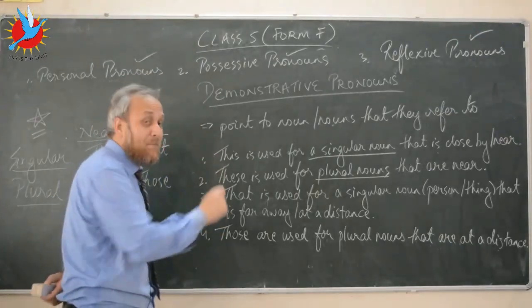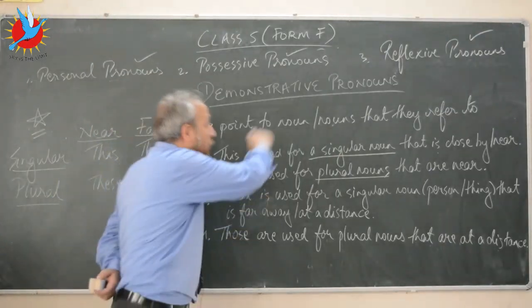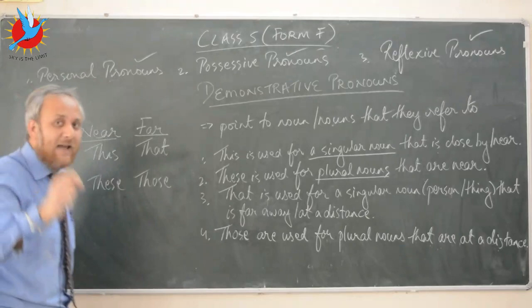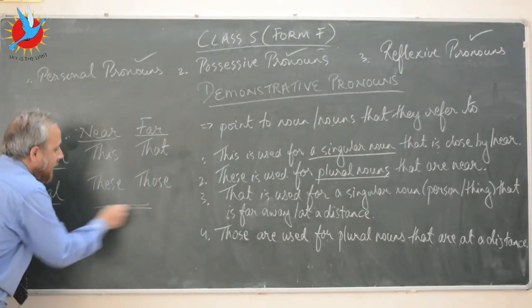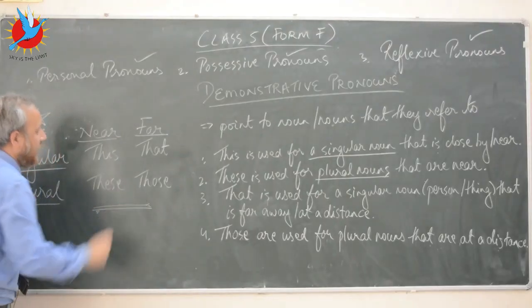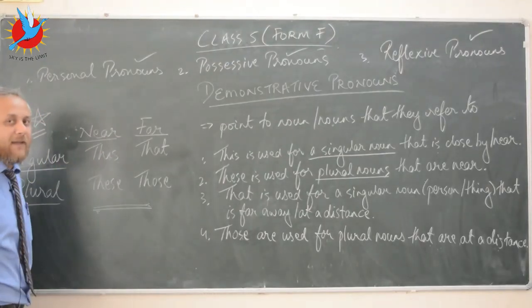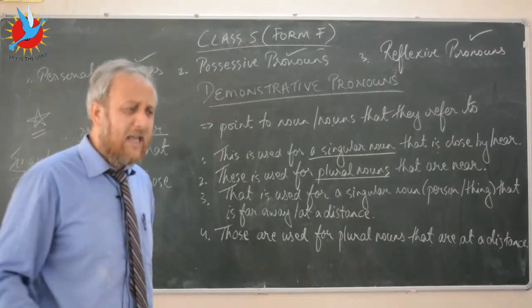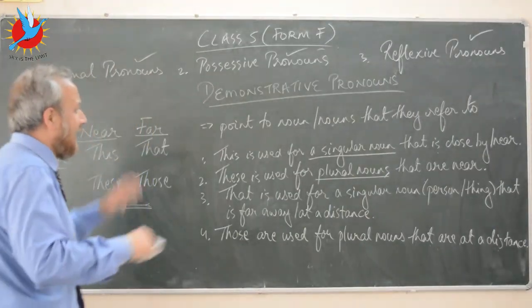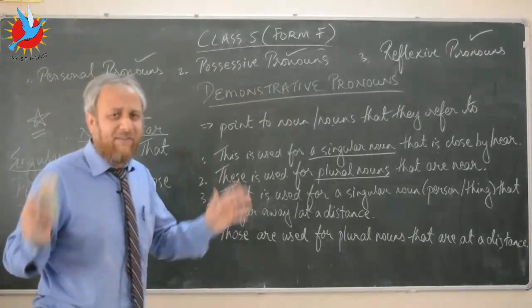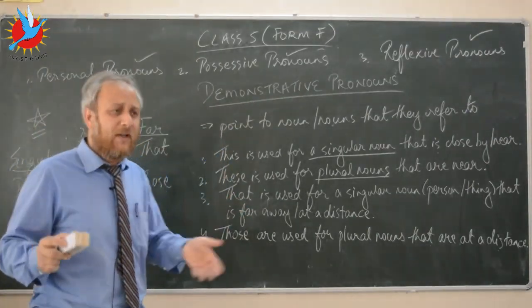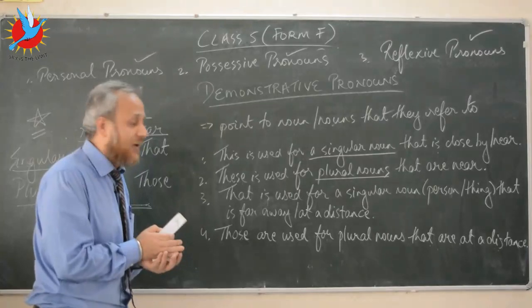So you can pause this video and look at this once again. Kids, Sidhu, Rohit and all, I just want you to remember this table or this chart. If you remember this, you will be fine. I hope this is clear. It's not very difficult. This, that, these, those. These are not difficult demonstratives.